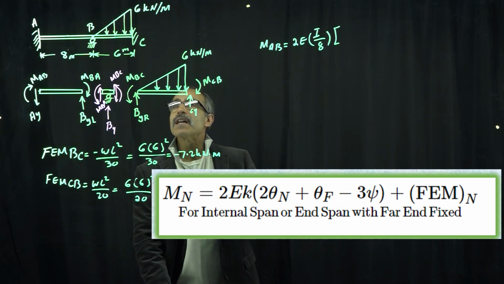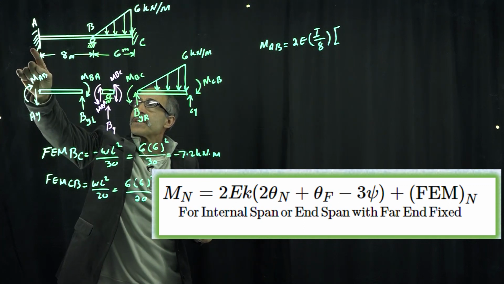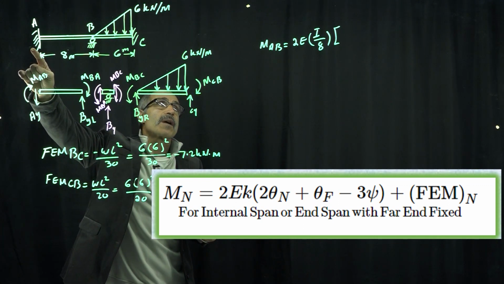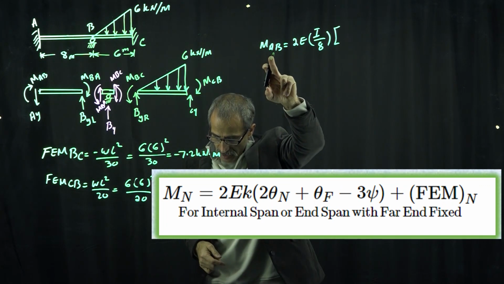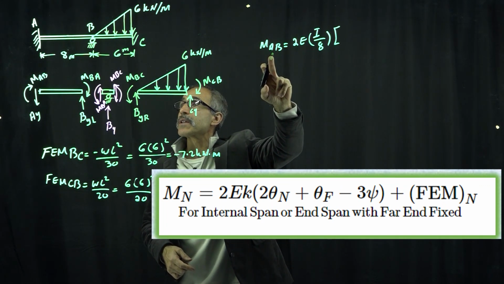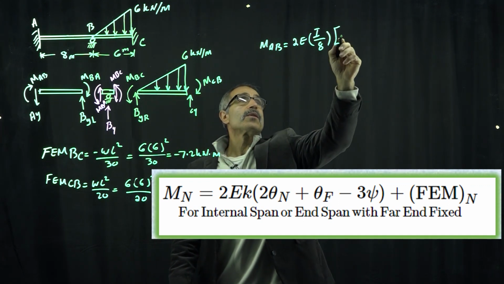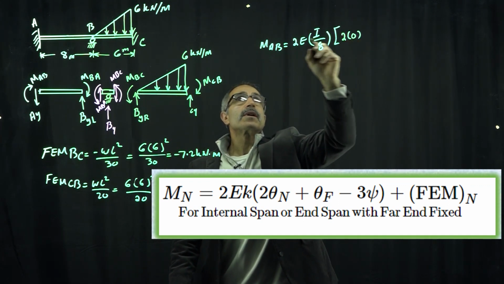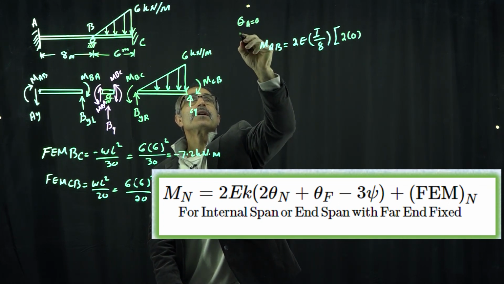Theta n means the slope near. So theta n for this is theta A, 2 times theta A, and theta A will be 0, so it'll be 2 times 0, because we know theta A is equal to 0.